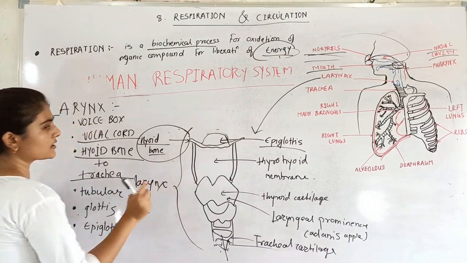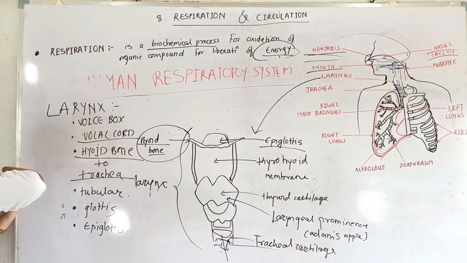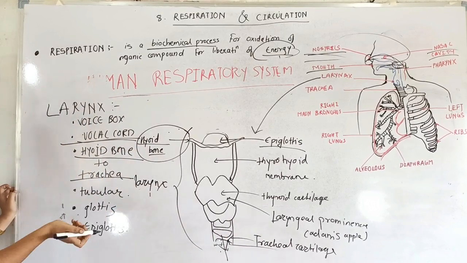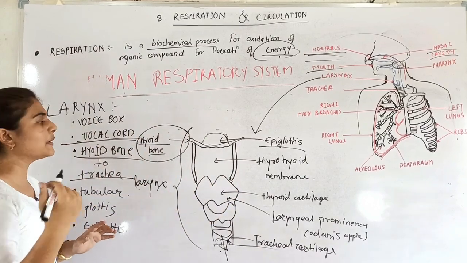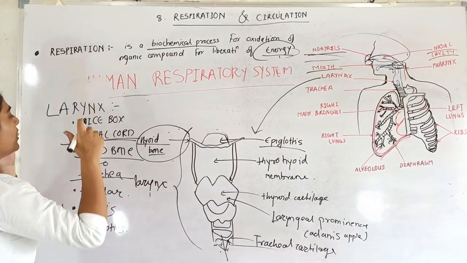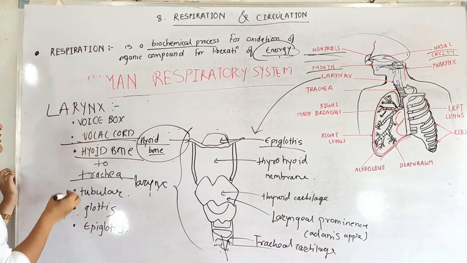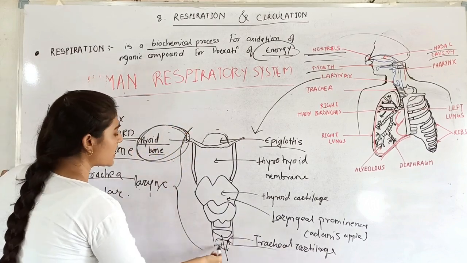While writing the answer on the larynx, first mention that it is the voice box of humans. It includes the vocal cords, which generate the voice, and modulation of voice is further done by the tongue, teeth and lips also. Then the larynx starts from the hyoid bone to the trachea.